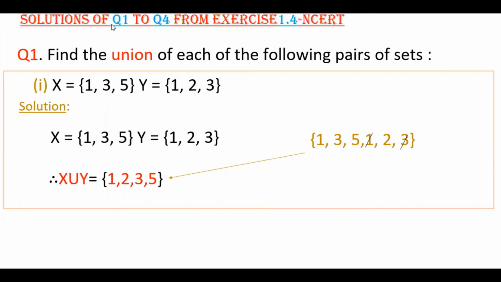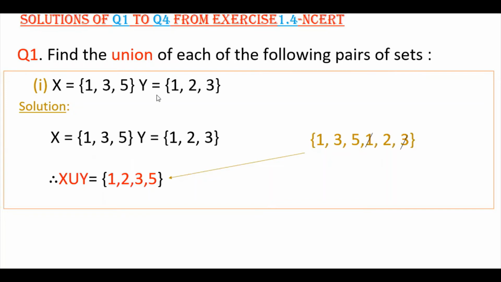Now I am going to tell the solutions of questions 1 to 4 from exercise 1.4 from NCERT. The first question is, find the union of each of the following pairs of sets. The first one: X is equal to {1, 3, 5} and Y is equal to {1, 2, 3}.